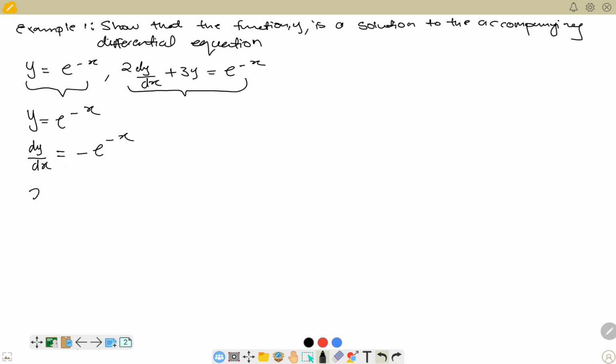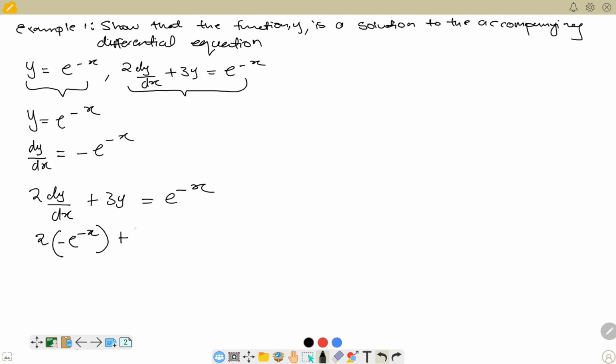So our differential equation is 2 dy/dx plus 3y equals e to the power negative x. So we will substitute the value of dy/dx we found, and we found that this is this value here.